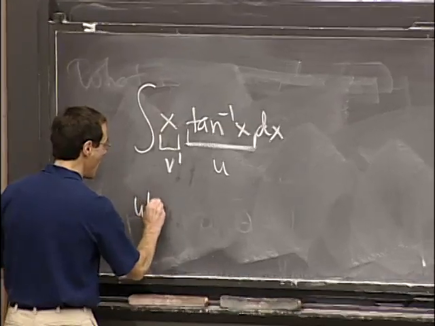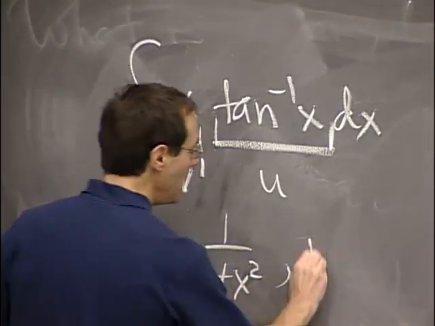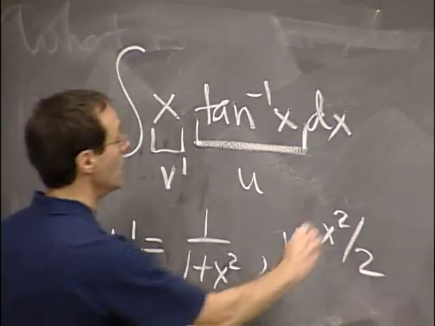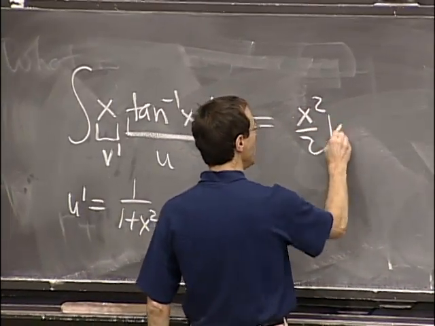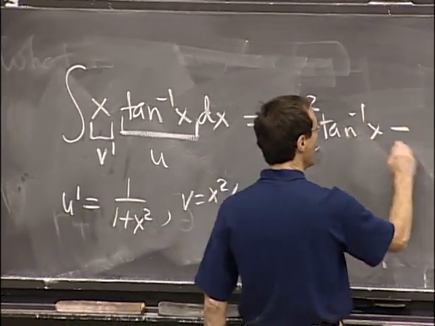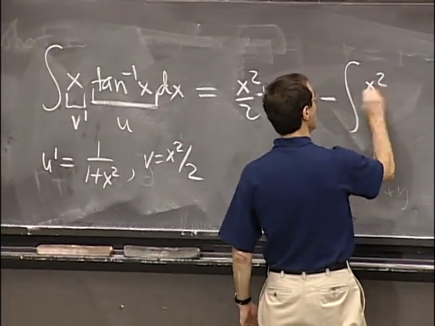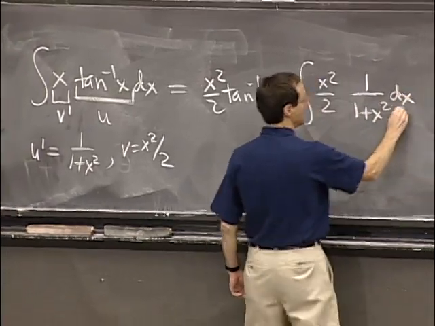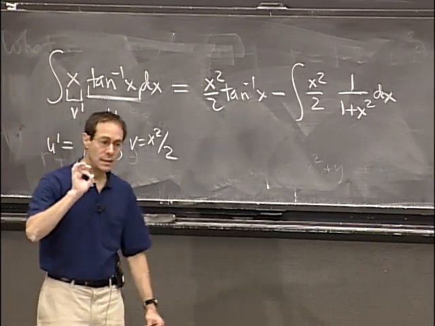And then u prime is equal to 1 over 1 plus x squared, and v is equal to x squared over 2. So the answer is now x squared over 2 tan inverse x minus the integral of x squared over 2 times 1 over 1 plus x squared dx. Now, you are not done at this point.